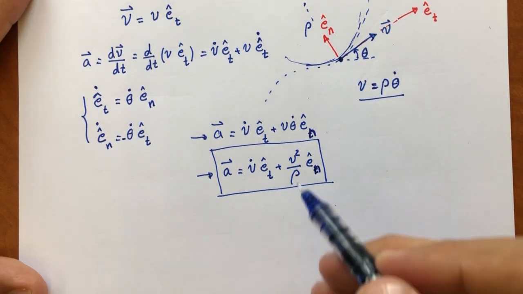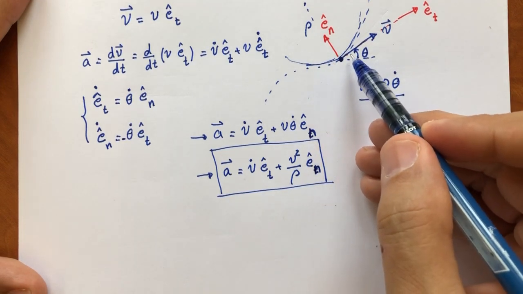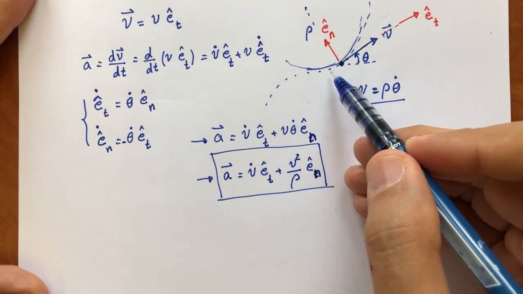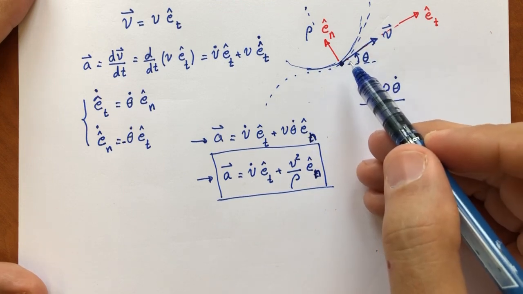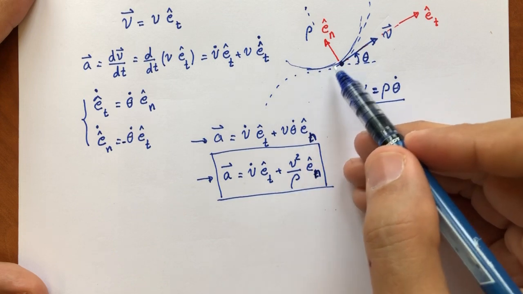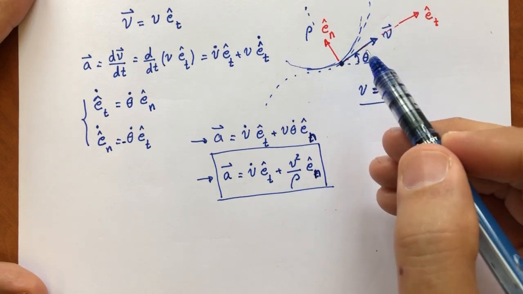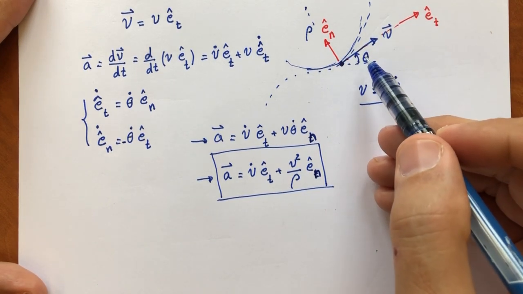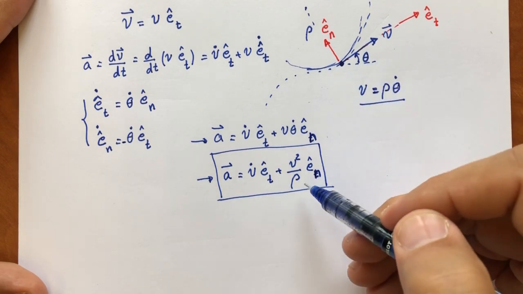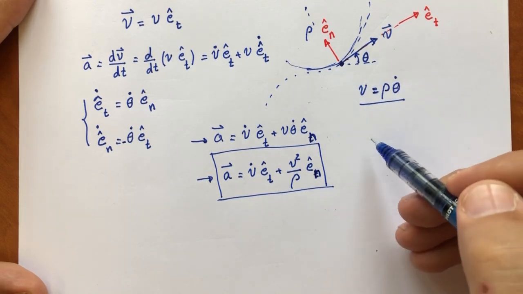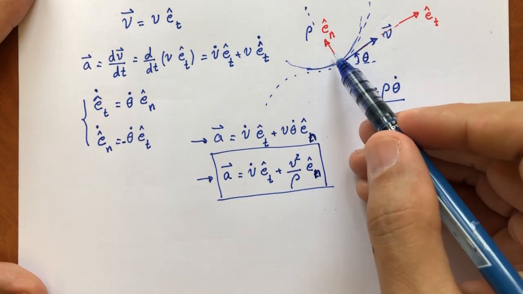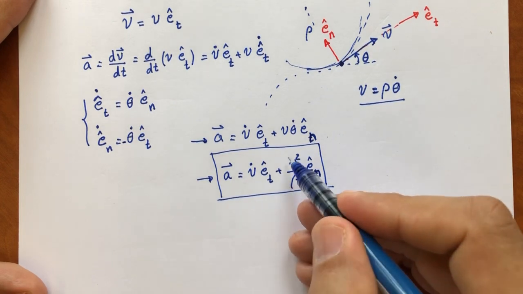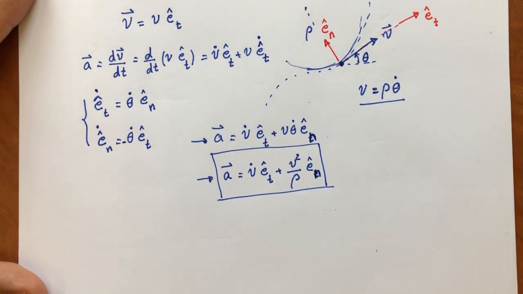What's the meaning of this? It means if you have a particle in a plane which is moving without changing its speed, let's say the speed is constant, like 10 meters per second all the time, but it is moving around and turning around. That particle, even with constant speed, is going to have acceleration because it is changing its direction. And the acceleration of that particle is going to be just in the normal direction, and the magnitude of the acceleration is going to be velocity squared divided by rho.